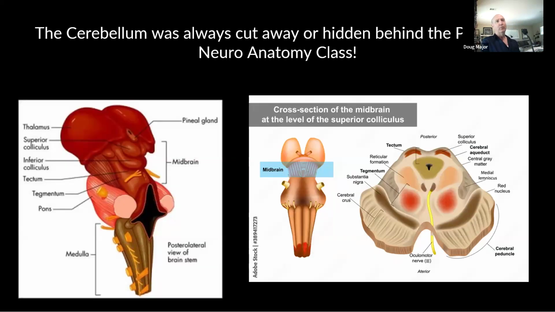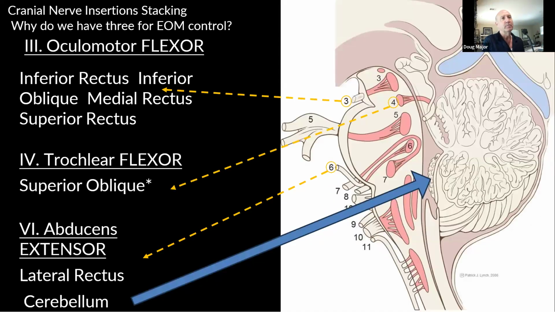And when I was learning anatomy on old Olympus towering top, they took the cerebellum and cut it off. And so it's fascinating that this was not something that I learned. That's why I'm excited, and I'm hoping you share that excitement. And the location is so important in the cerebellum. Again, it's in the pons area. But I always wonder, why do we need three different areas? We have six eye muscles.